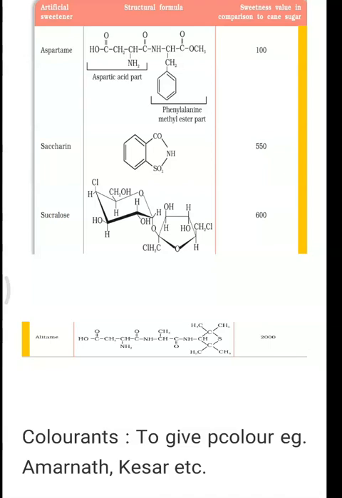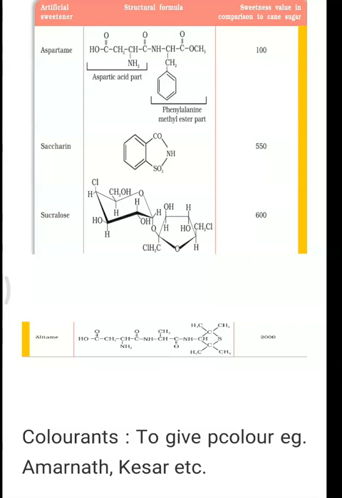Number 3 is sucralose. Sucralose is the trichloro derivative of sucrose, and it is much better than aspartame because it can be used in hot as well as in cold food, and it does not provide any calories.